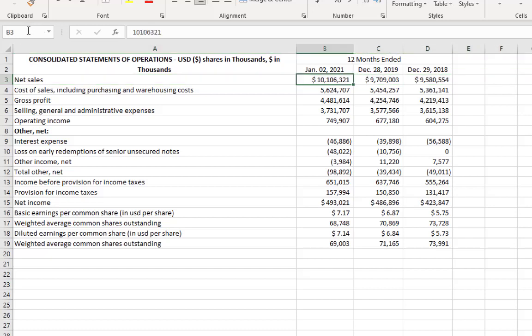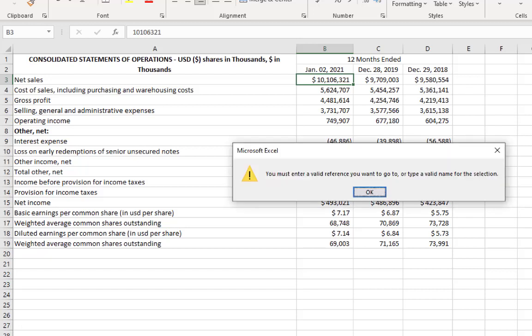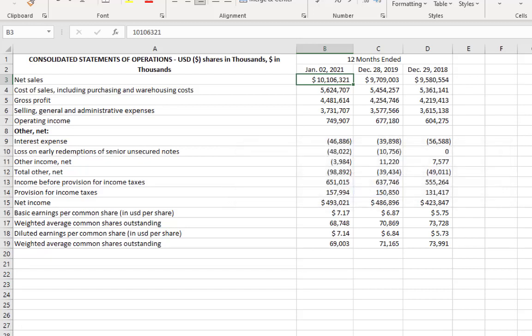So I'm going to go over here and I'm going to say equals revenues 2021. Sorry, I put the equal sign over there. I don't want the equal sign over there. I just want revenues 2021 and revenues 2019.